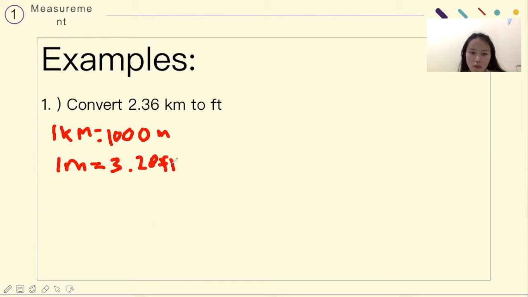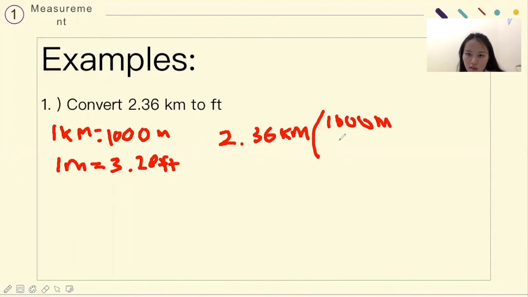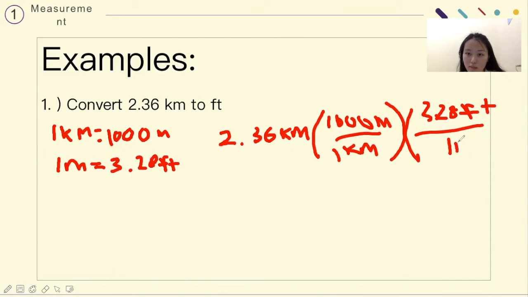So what we're going to do is first, we multiply 2.36 kilometer to 1,000 meter over 1 kilometer, and then we multiply it again to 3.28 feet over 1 meter.